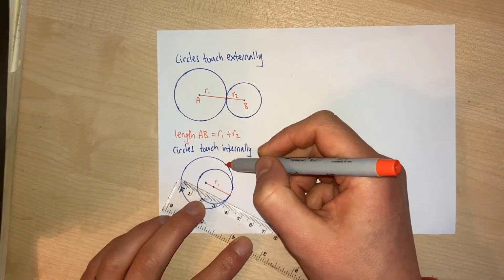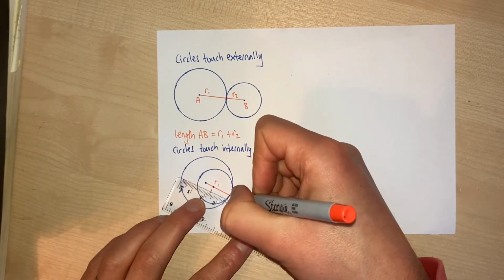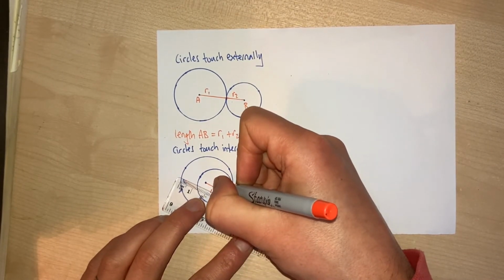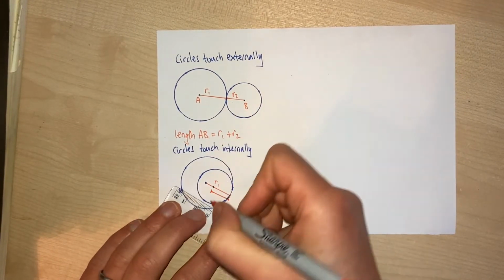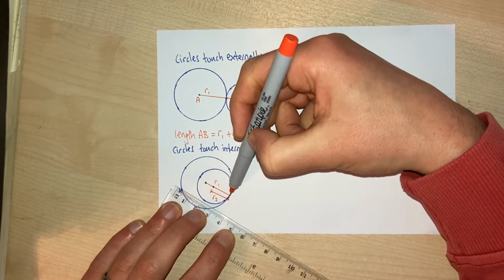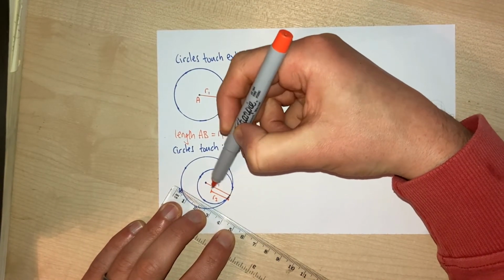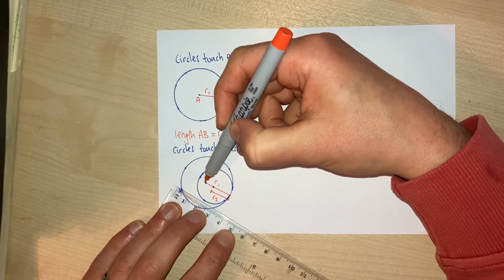And then we've got the smaller radius, which goes from this point here right to the edge of the circle. So here to the edge of the circle, I'll draw it on separately so we can see. That's the second radius. Then R1 minus R2 gives us the distance between the two centres of the circle.